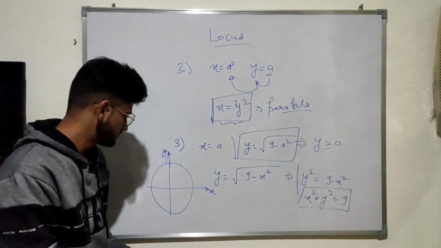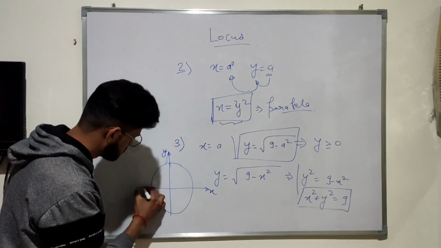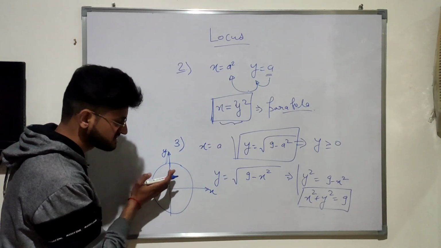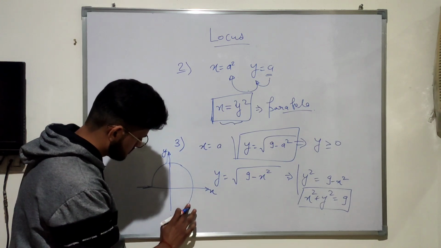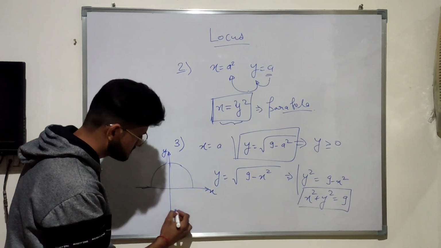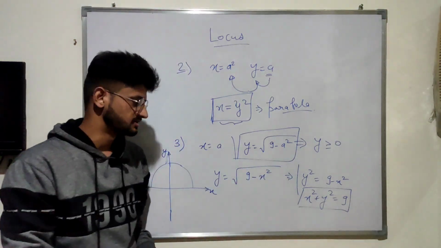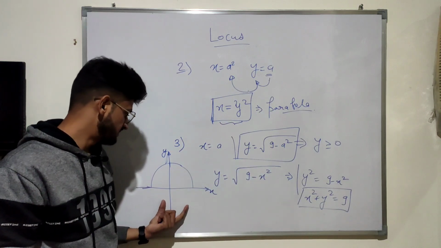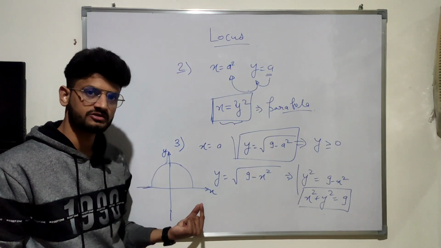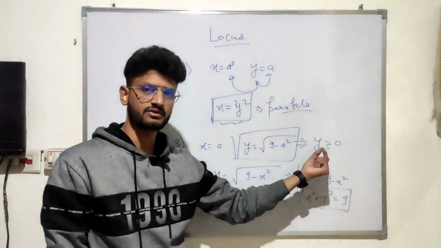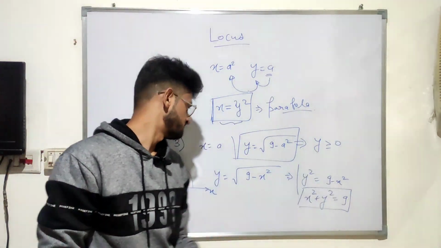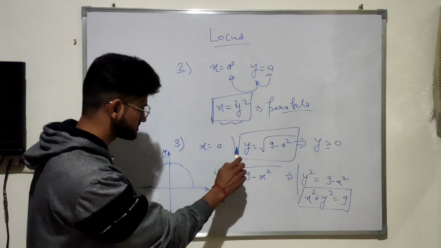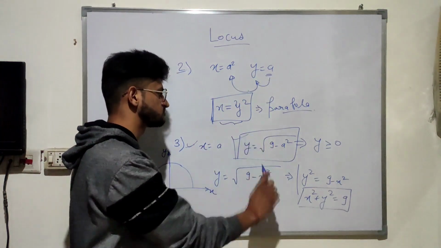Positive y means it is going to take values from the upper first and second quadrants only. It means this lower part is not going to be part of this condition, because y is always going to be positive. If we also took the third and fourth quadrants, it would mean that y is negative, and we have been restricted from taking negative values for y. So basically this is the graph for this condition, x equals a and y equals root over 9 minus a square.